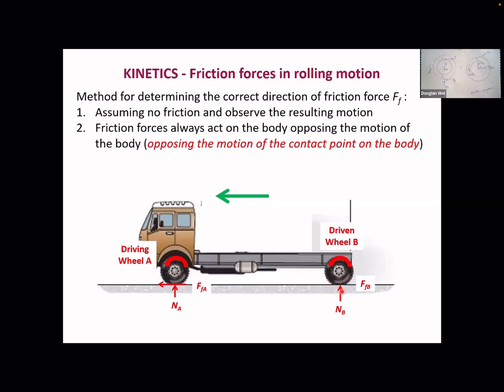But for friction at B, okay, I think you are actually thinking about point B. For this point, if no friction, then this wheel will be undergoing a translation like a block moving to the left side. And then the friction force direction should be opposite, to the right side. So you are thinking about point B, but not point A. For point A, this is the driving wheel.